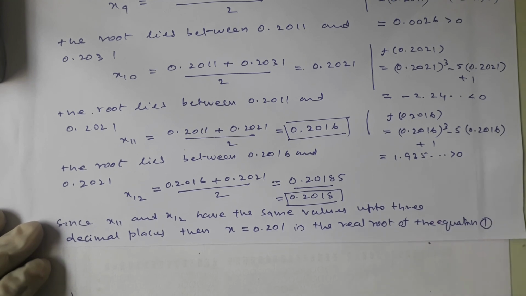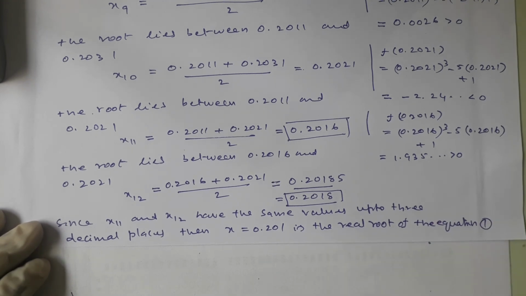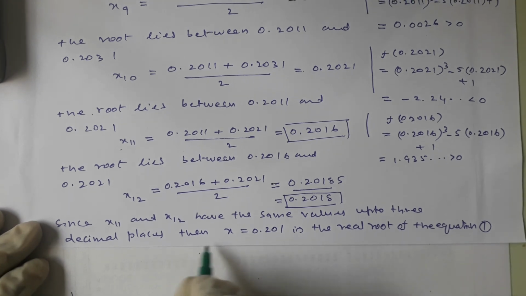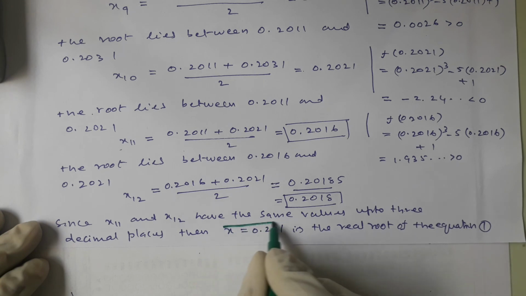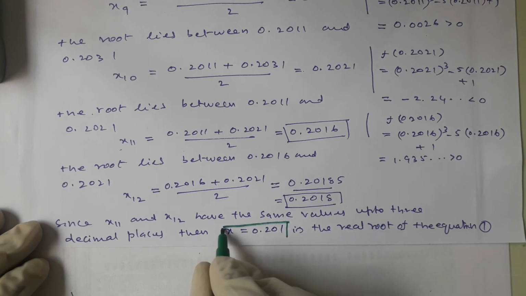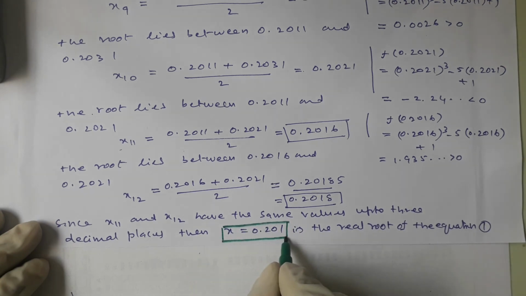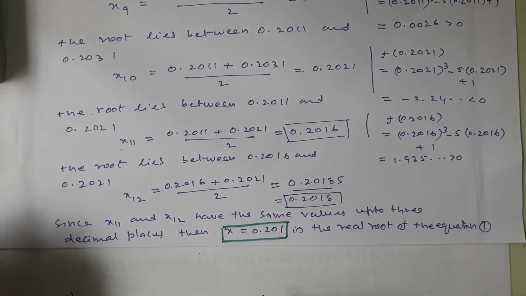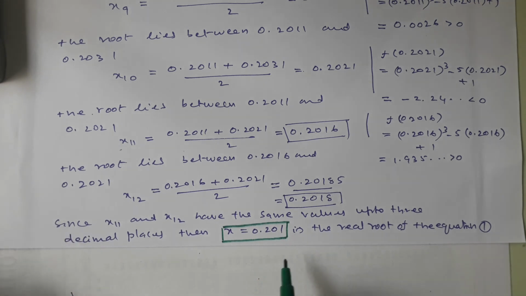Real root of the equation 1, x is equal to 0.201, is the approximate real root of the equation when we correct up to 3 decimal places.